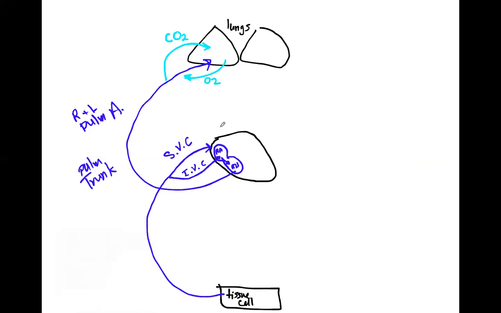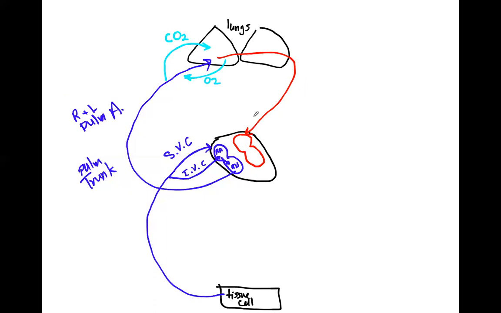Now, before we do that, let's draw the left-hand side, the chambers, again, the top chamber and the bottom chamber. So you have your left atrium and your left ventricle. So blood comes from your lungs down into your left atrium. If you guys are looking at this, take a second.